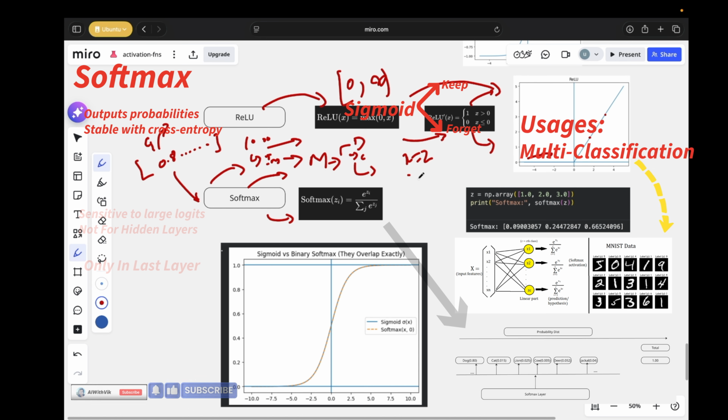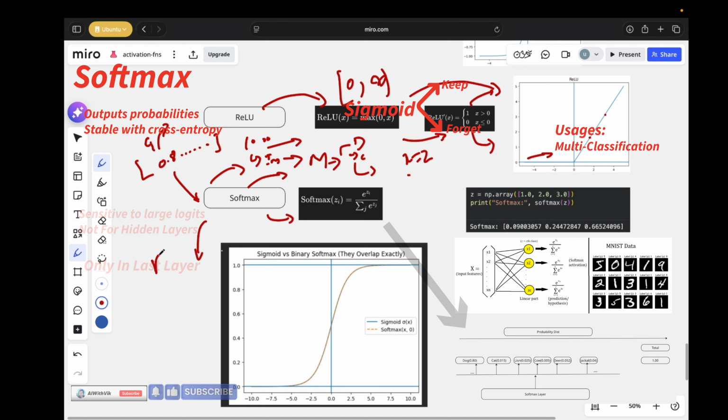Now, one important point that I would like to put in is that, in the case of softmax, if n is equal to 2, meaning we are considering only two classes, then sigmoid and softmax produce the same output. You can say that when n is equal to 2, softmax becomes a binary softmax, right?